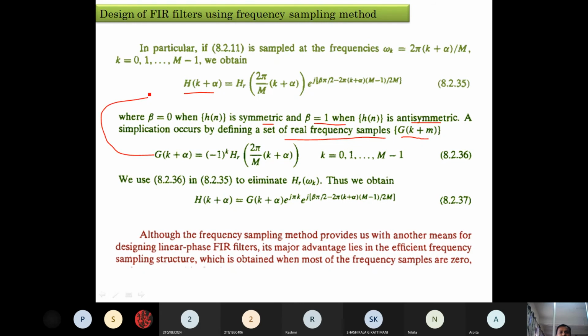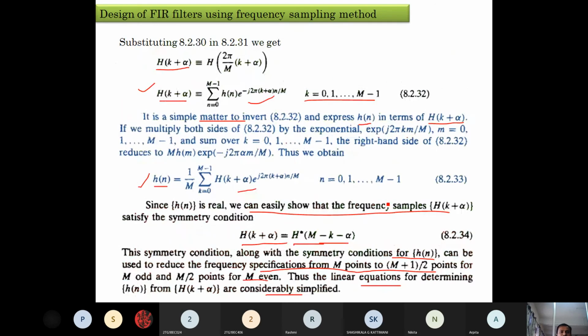If I use G of k plus alpha, we may get the overall sampled frequencies: H of k plus alpha is nothing but G of k plus alpha times e to the power j pi k times the remaining exponential, e to the power j (beta pi by 2 minus 2 pi (k plus alpha)(M minus 1) by 2M). So this is based on the frequency sampling method.